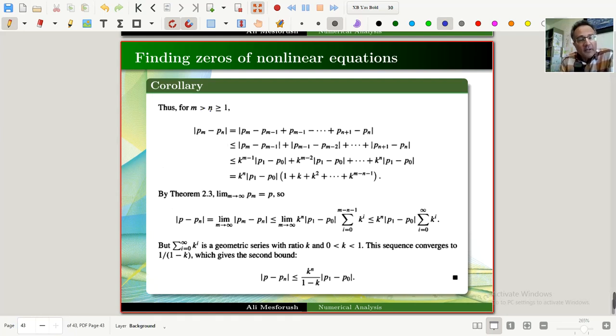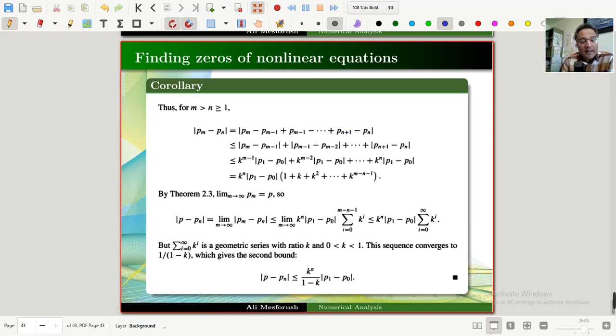Now let m be greater than n and greater or equal 1, and consider p_m minus p_n. Because m is greater than n, we can add and subtract some terms: p_(m-1), then p_(m-2), and we continue in the same way until we arrive at p_(n+1).